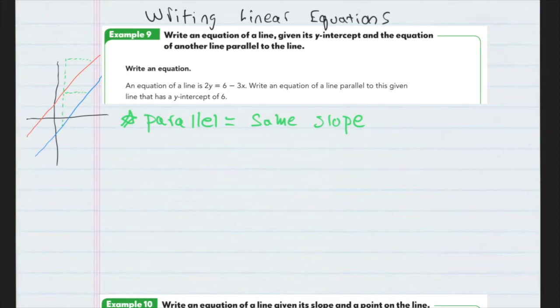So the first step we want to do is to put the given equation in slope-intercept form, to find m.